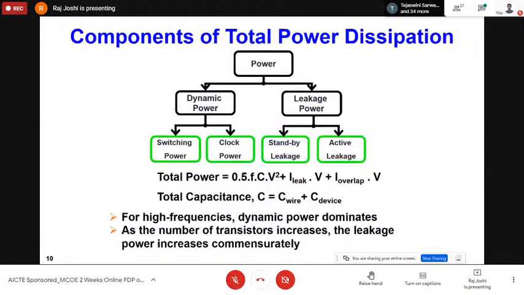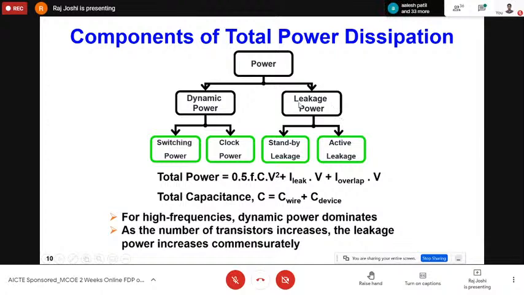So this is a little bit of basics. I'm just going to go from basics from deep scaling to these other things. Mainly you have dynamic power, leakage power, all kinds of power here. Switching power is dynamic power.